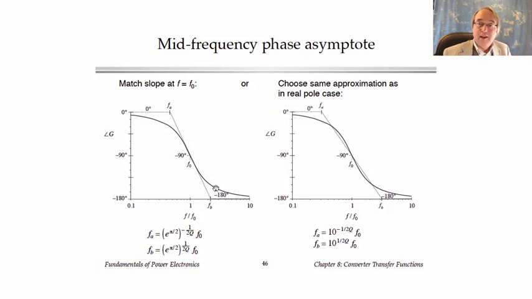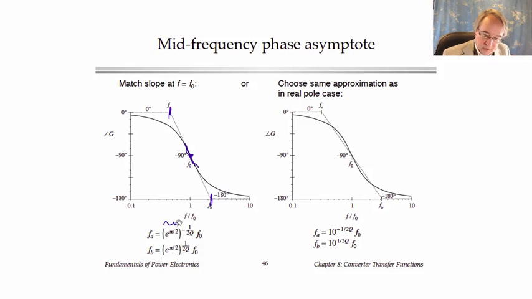As in the real pole case, we can try to derive an asymptote for the mid-frequency phase. We might take the same approach as in the real pole case, where we could at first try to find what is the slope of the actual phase function at the corner frequency f0. And if you do that and draw an asymptote like this that has the same slope, then what you find is that the break frequencies here and here have this e to the pi over 2 factor, like in the real pole case.